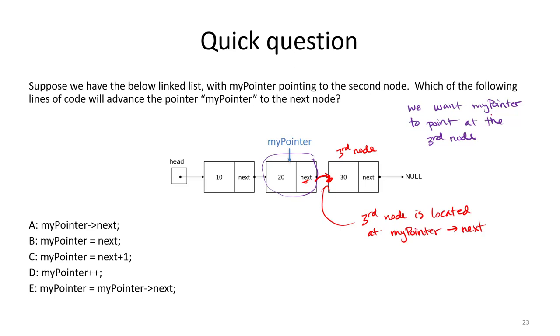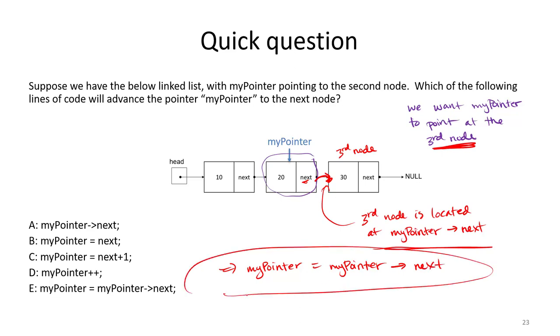All right, so if we want my pointer to point at the third node, and the third node is located at my pointer arrow next, the correct answer here would be my pointer equals my pointer arrow next. Because we want to take my pointer and make it hold the memory address of the third node.